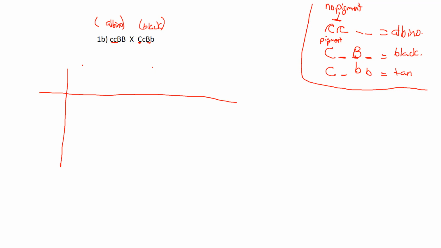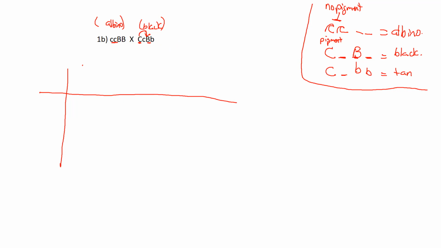So again, we don't know which one's male or female, so it doesn't matter which one we do on the top, although I do want the one with multiple different gametes to go across the top, because I like working from left to right. So we use the folding system, exactly the same way as we did with dihybrid crosses. So this polygenic is done the same way to isolate the gametes, right?